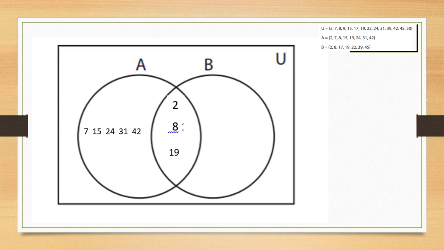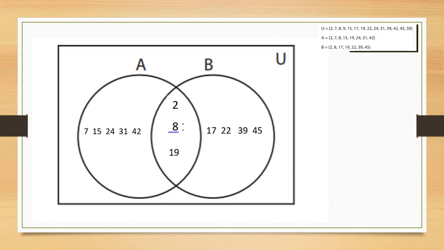So the remaining elements, that is 7, 15, 24, 31 and 42, that is A only, and also B only, which is 17, 22, 39 and 45.